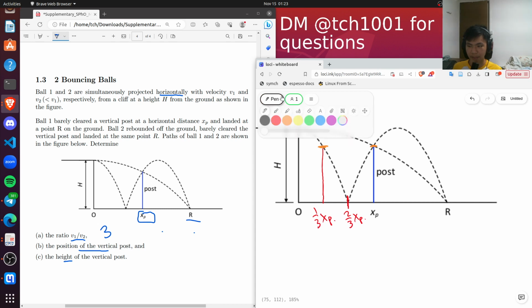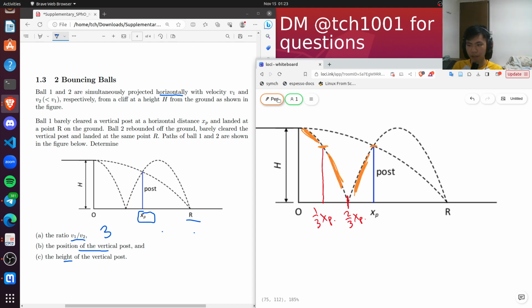We need to observe that the motion of the second ball, the slower one, can be broken down into 6 phases. The first phase is this, the second phase is this, the third phase is this.